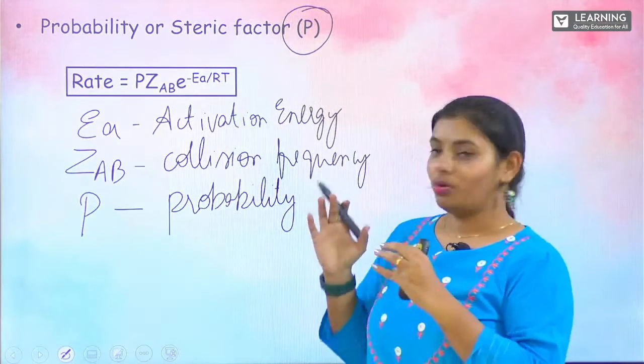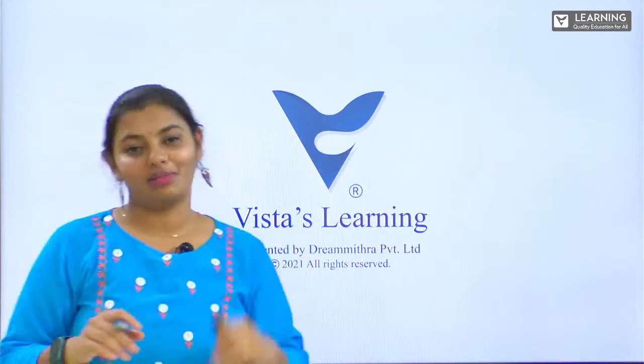Clear? So this is the last topic of the chemical kinetics chapter. In the next class we are going to study the NCERT question and answer discussion. The NCERT problems which are present in your textbook, I'll be solving a few of them.